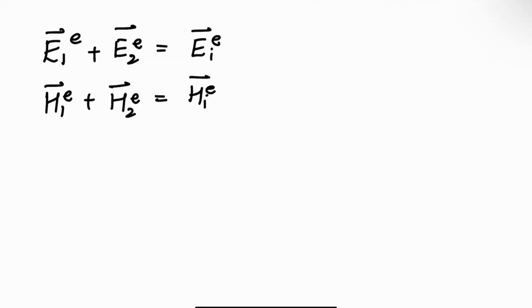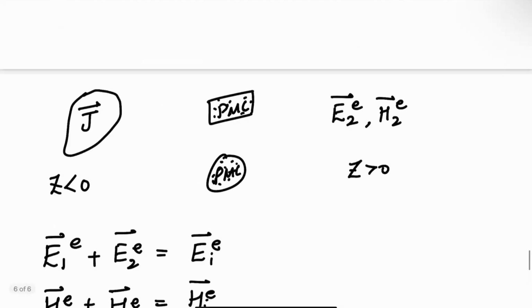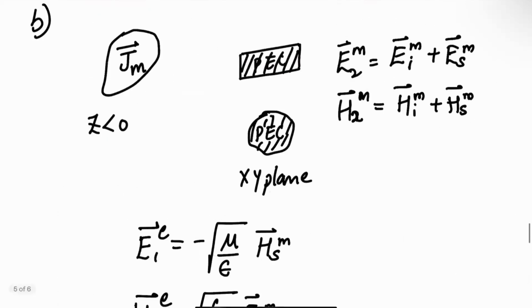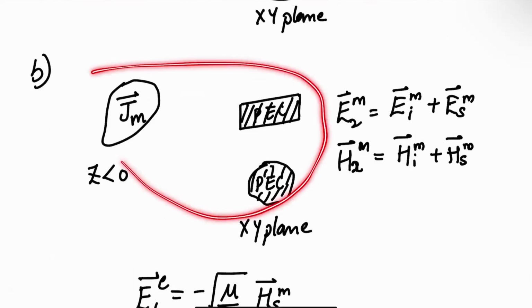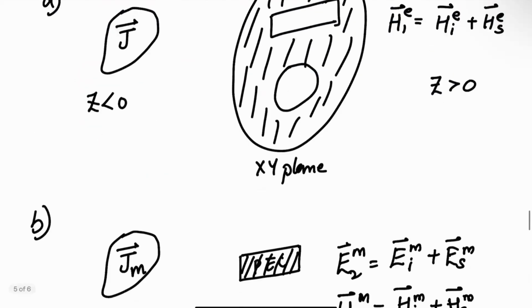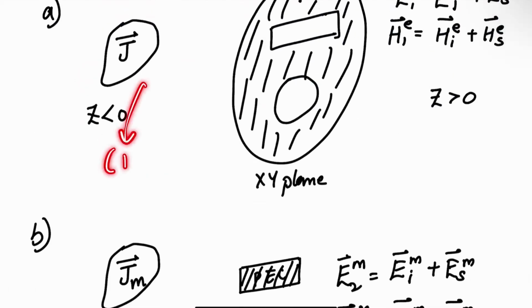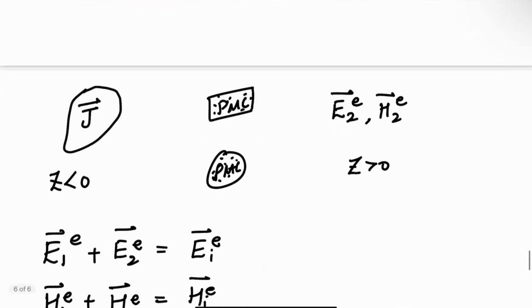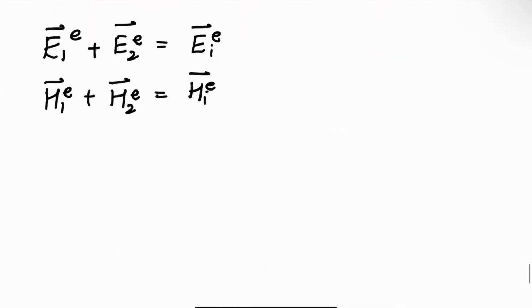Then we apply duality to this. You see that the duals of this would become JM, these would become PEC, and that's nothing but what this is. So we start from here, we apply the complementary theorem, then we apply duality, and that gives us this. That's the trick. So how do you apply duality to this?